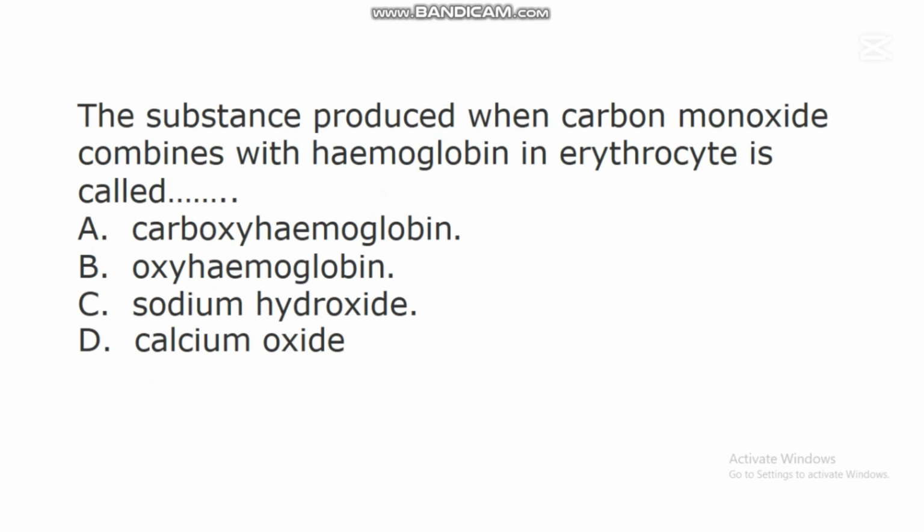In this question, the correct answer is A. Carboxyhemoglobin. Carboxyhemoglobin is a substance produced when carbon monoxide combines with hemoglobin in erythrocytes. The formation of this compound can cause some issues in the body system.